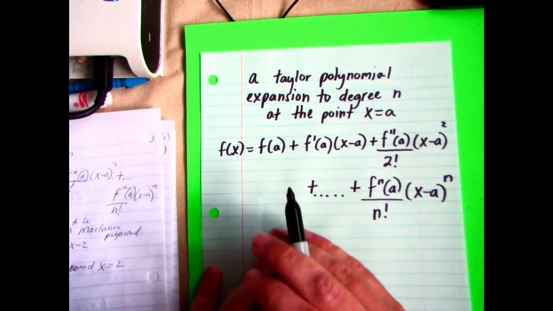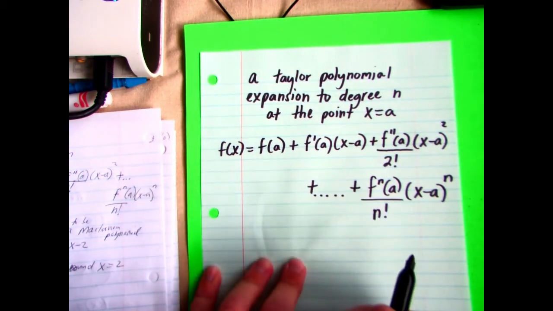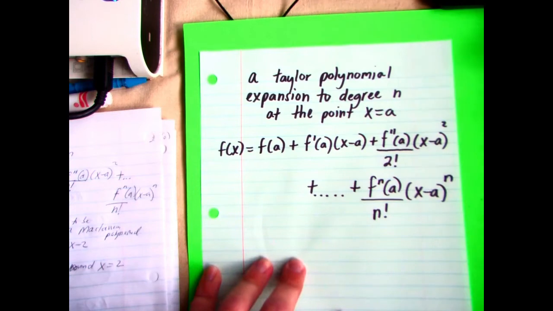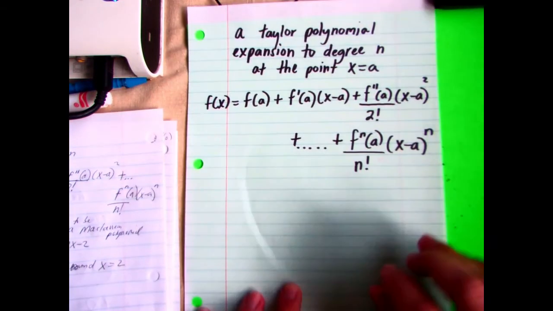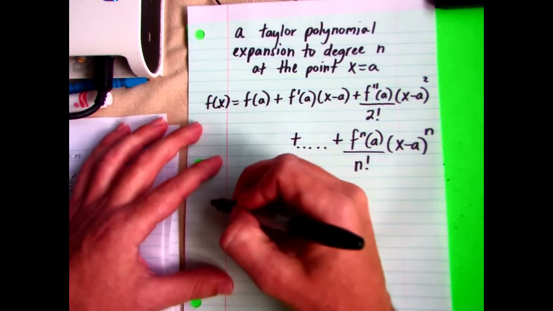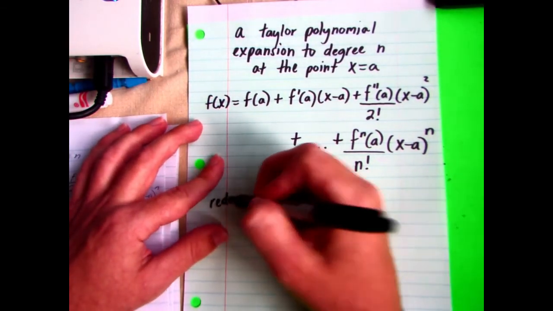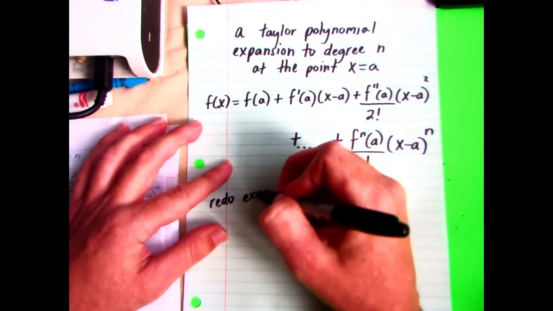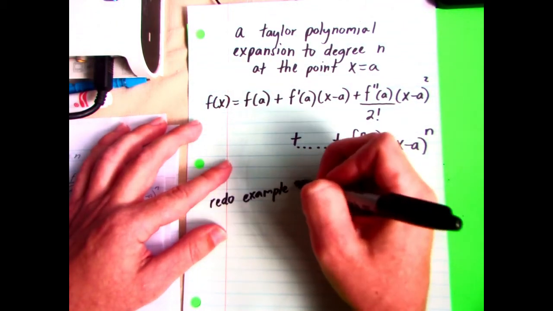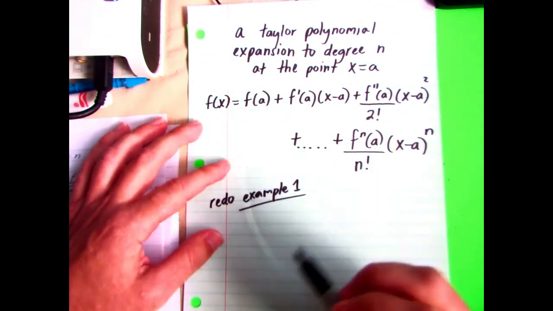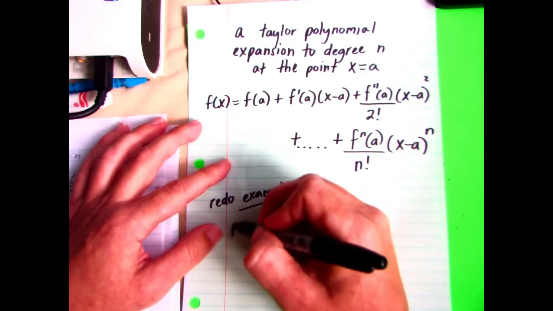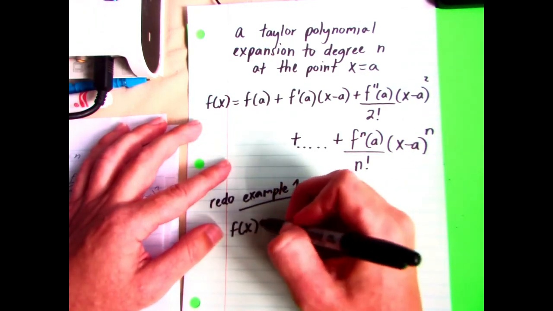So let's go back to our original problem when I wanted to find the line of tangency, and let's use this Taylor polynomial formula. If you recall, the original problem, number 1, had this parabola f of x.